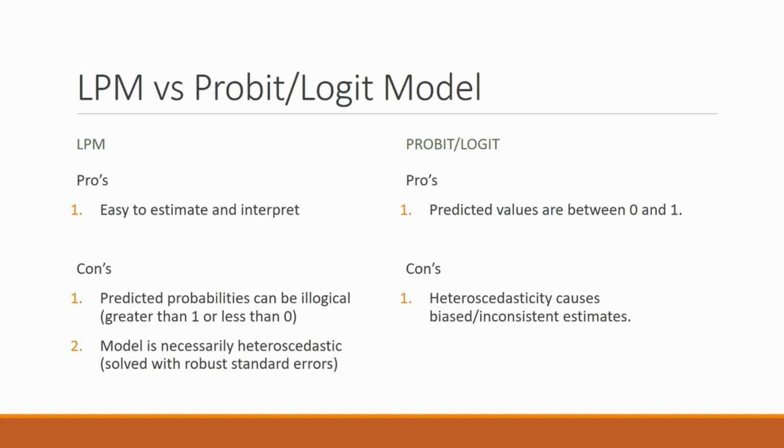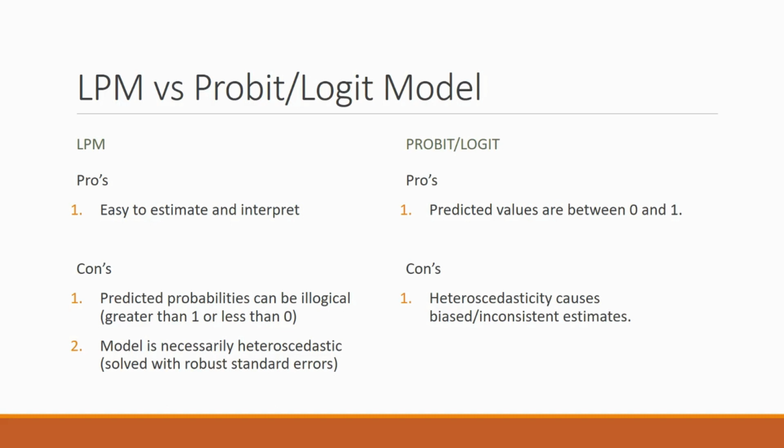It does not cause bias in our coefficient estimates. It causes bias in the standard errors. But we can just use the robust standard errors and solve the problem. But when we use a probit model, heteroscedasticity actually causes our estimates to be biased, or what we would call inconsistent. Inconsistent means that they will be biased even if we have a large sample size.